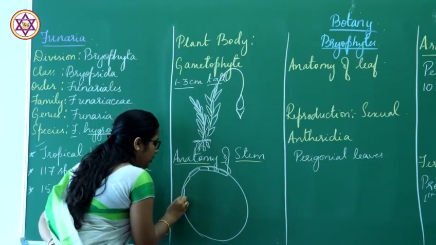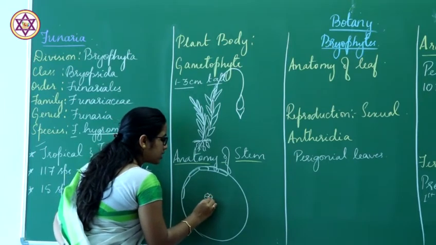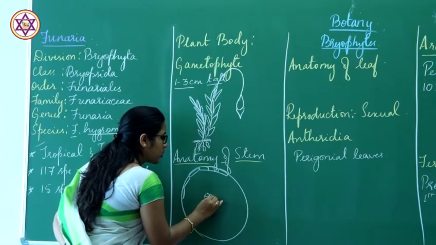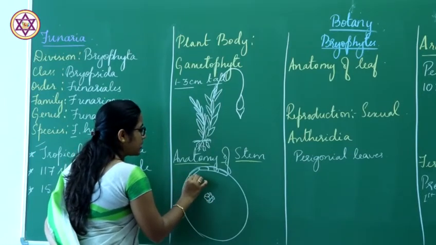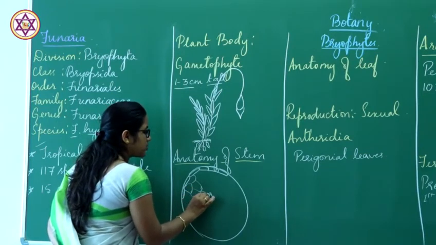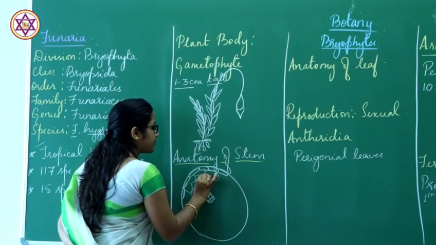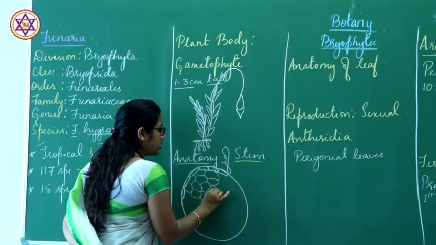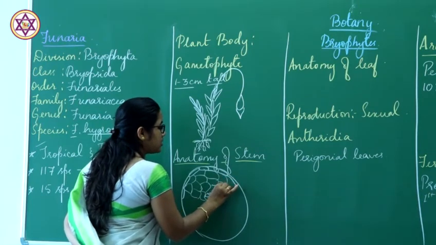And then you will find at the center thick walled cells, which help in conduction, and then the cortical region wherein you will find thin walled cells, which are parenchymatous in nature. Okay, so this is how you will find the cross section of the stem.